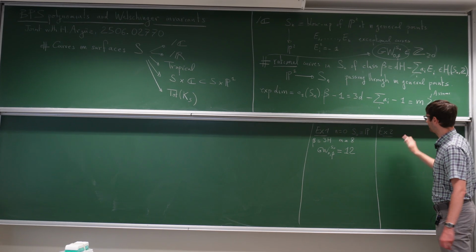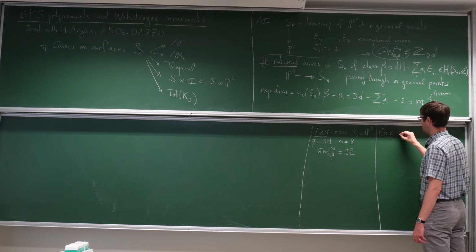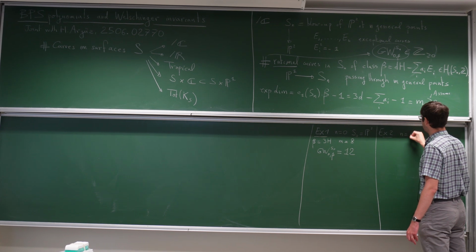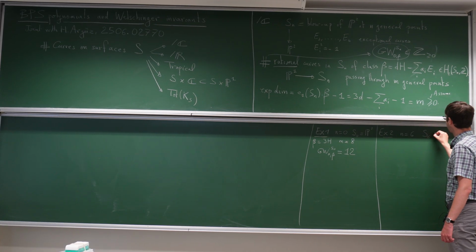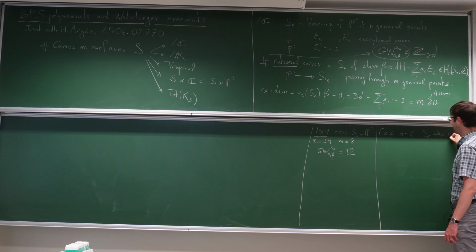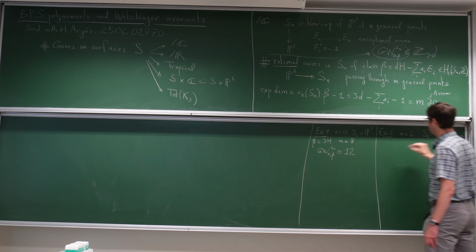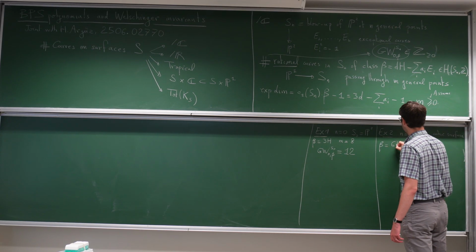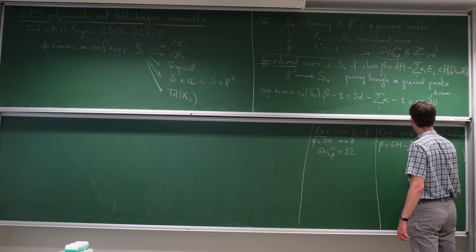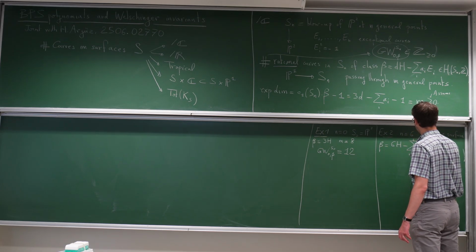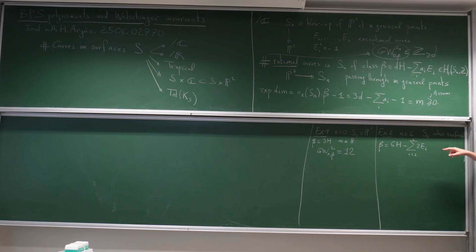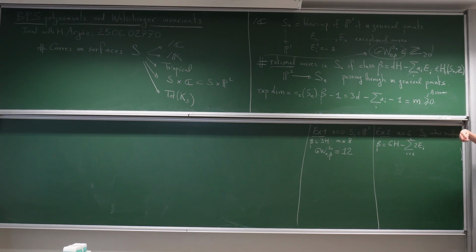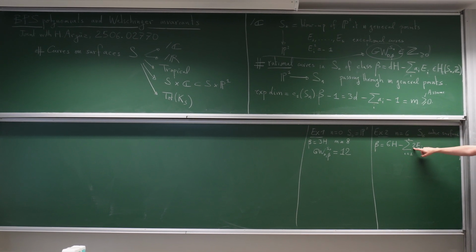So it's a nice example. The example that we really care about is maybe slightly more involved. If n equals 6, S6 is like P2 blown up in 6 points. It's like a cubic surface. And I will take the class beta to be 6h minus the sum over i from 1 to 6 of 2Ei. So they come from degree 6 curves in P2, and they intersect each of the 6 exceptional curves with intersection number 2.